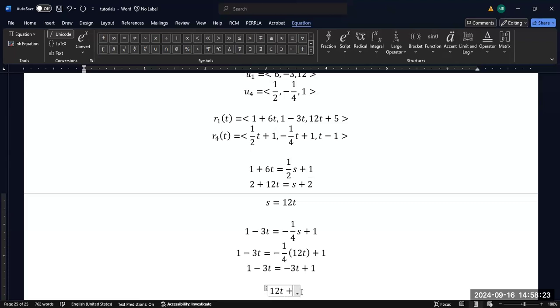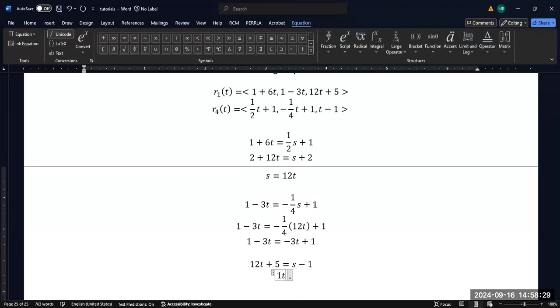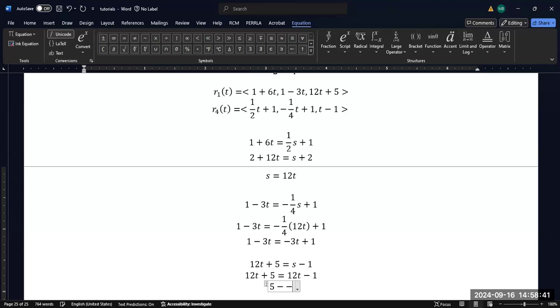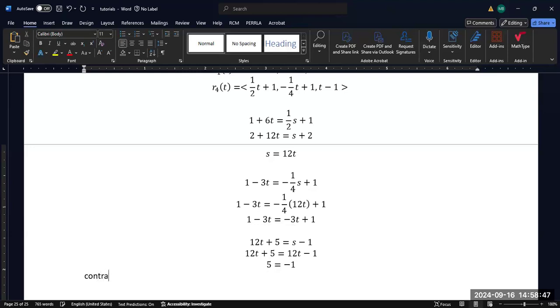12t plus 5 is equal to s minus 1. 12t plus 5 is going to be equal to, replace s with 12t minus 1. This is going to give me 5 equals negative 1, which is a contradiction.